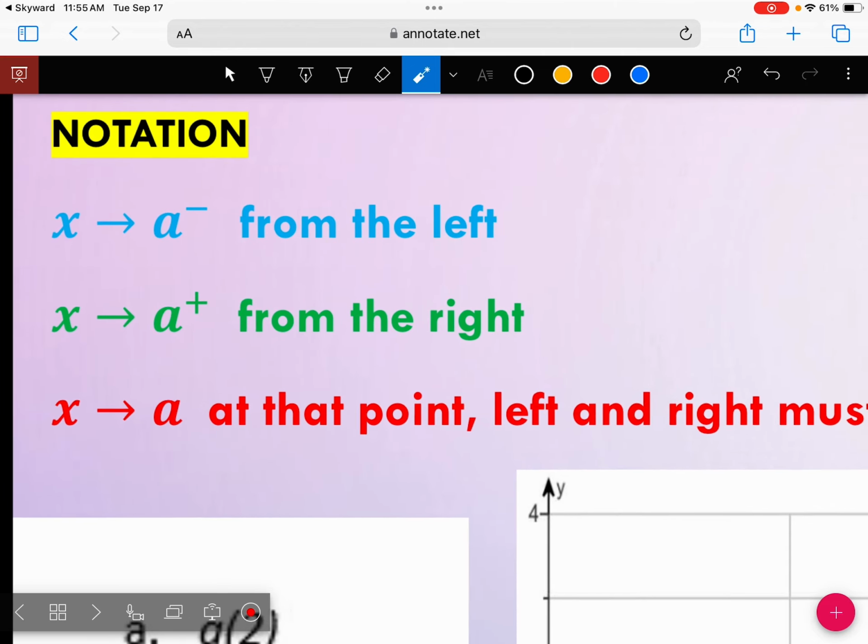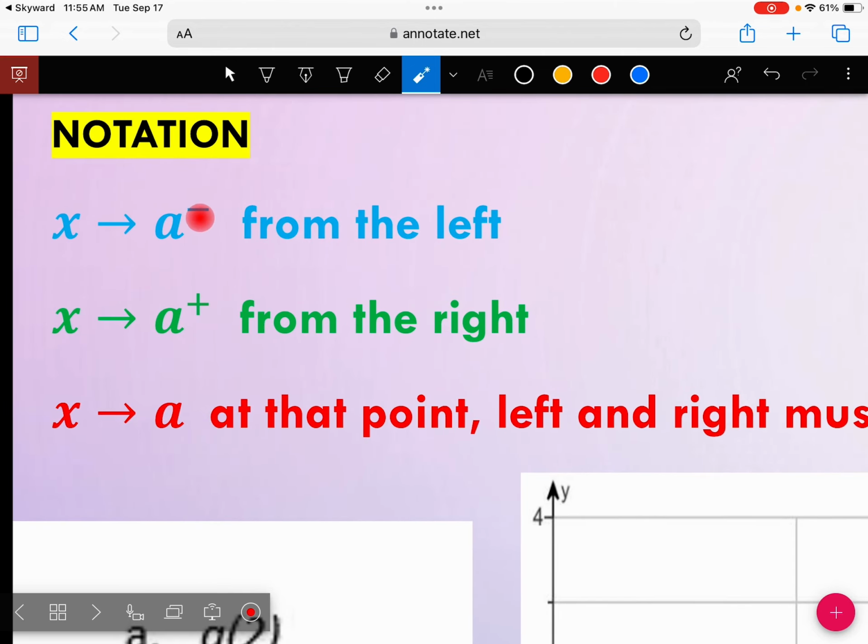See at the very top? When you see a minus sign after the number, that means from the left. So from the left of the x value. This is just the notation that you need to get familiar with. When you see a positive sign after the number, that means from the right.